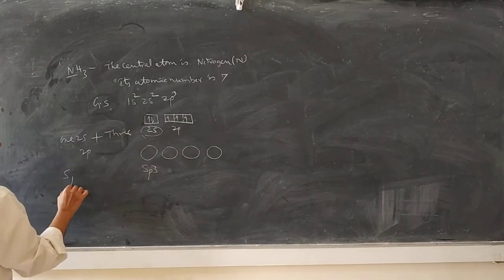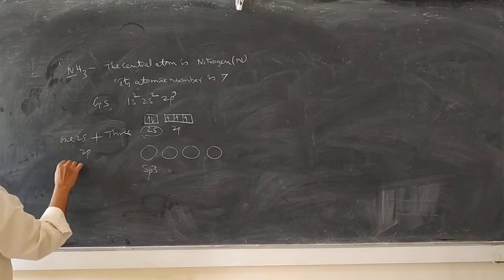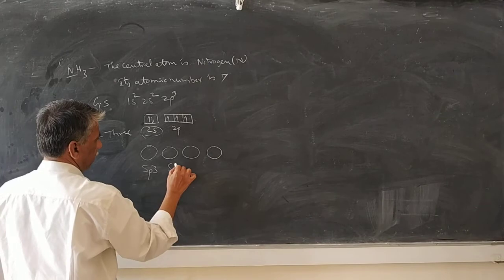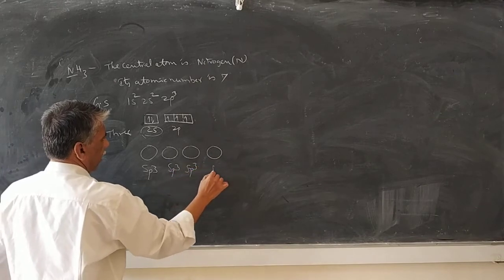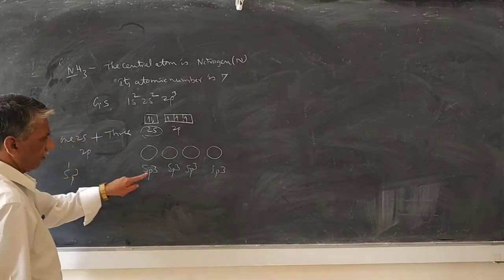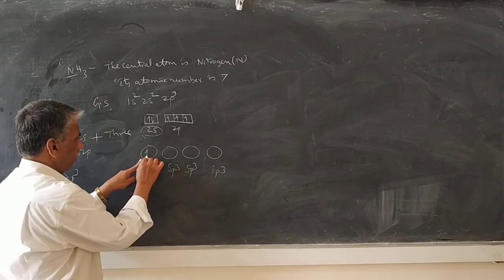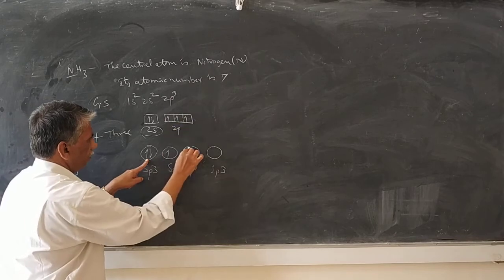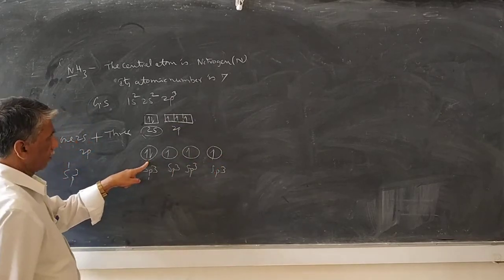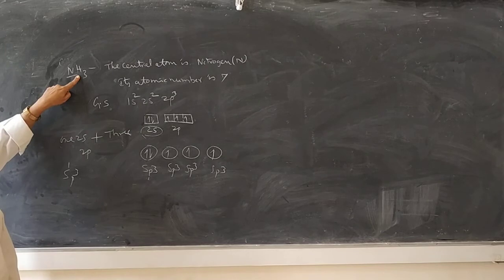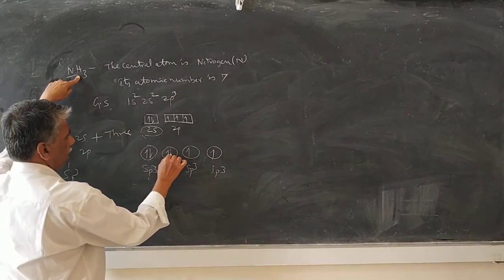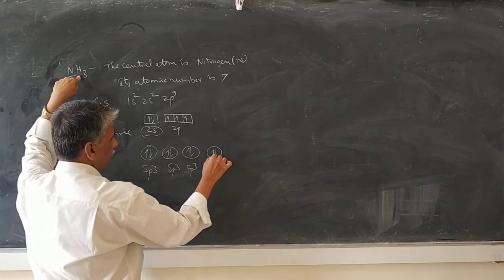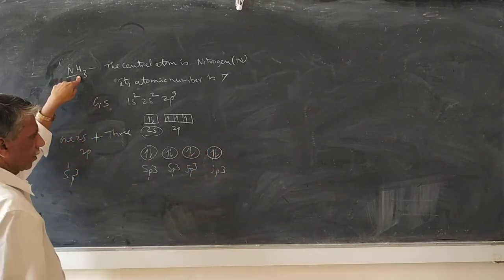Therefore, the hybridization is sp3: s1, p3, sp3. So it is sp3, sp3, sp3, and sp3. And this sp3 hybrid orbital contains one lone pair of electrons, single electron, single electron, single electron. Now the electron of the first hydrogen atom comes and joins here. This is the electron of the second hydrogen atom. This is the electron of the third hydrogen atom.